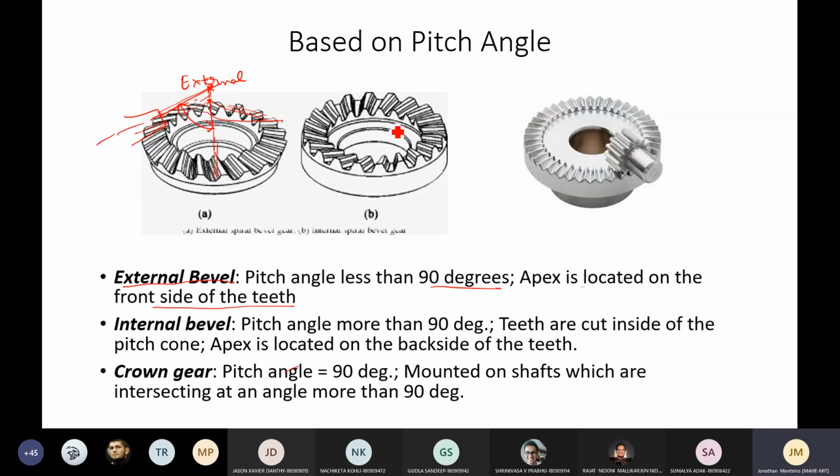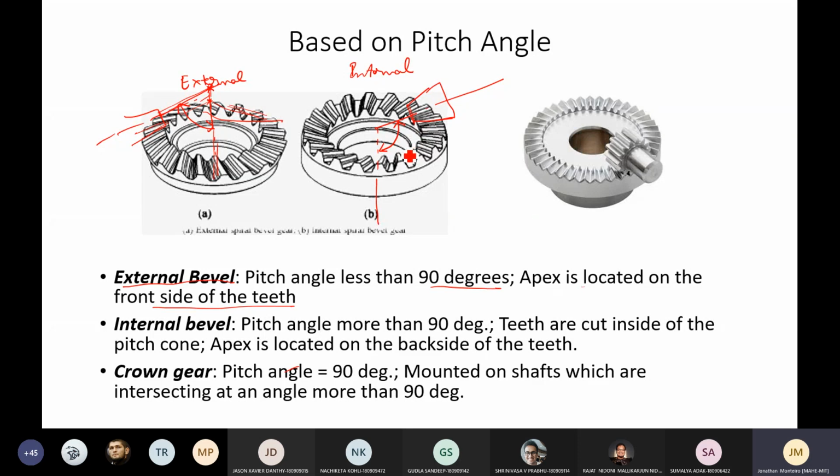What about internal bevel? So this is the internal bevel. Your adjoining pinion will be like this, and the axis is like this, and this axis of the crown gear is like this. You look at this angle. This angle is more than 90, or obtuse angle.